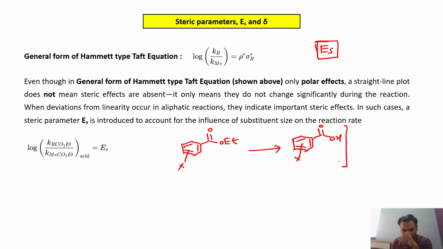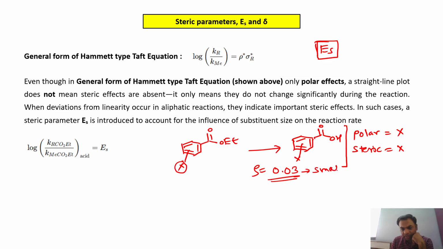In such a case, the polar effect is completely absent, and the steric effect is also absent. The polar effect is absent as we have a rho value of 0.03, which clearly indicates that the susceptibility of this reaction towards the polar effect exerted by the substituent is very small, or negligible.